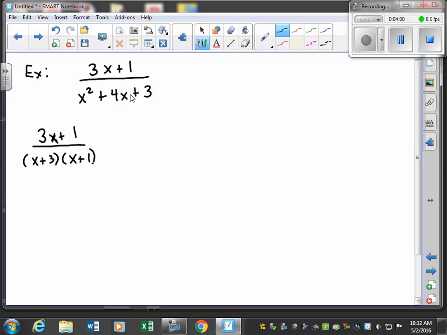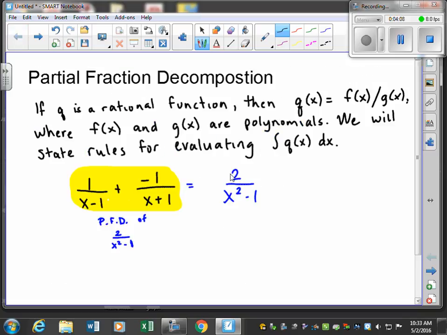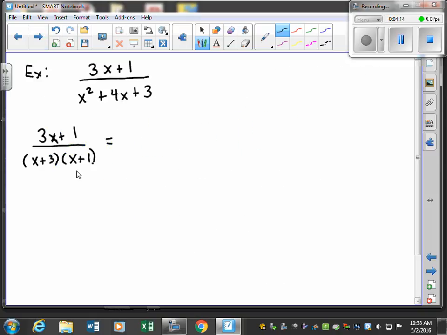Alright, so the idea in partial fraction decomposition is we want this to be the sum of 2 terms like we did before. So basically what we're doing is we're starting with this side and we're trying to rewrite it into this format. So our first step is we factor, and now we would like it to be the sum A, which we're going to have to determine in a minute, over x plus 3, plus B, which we're going to have to figure out, over x plus 1.